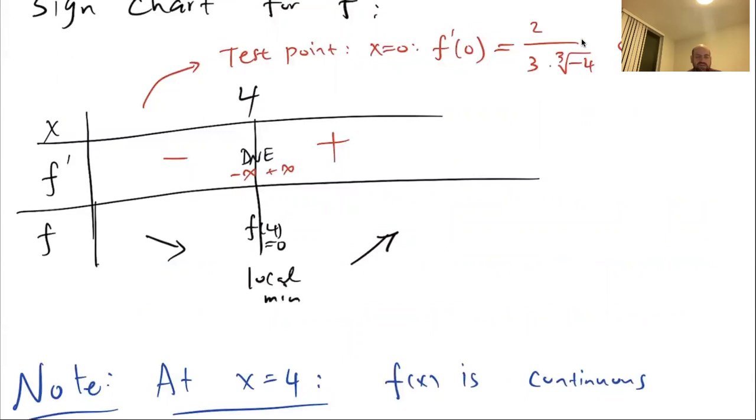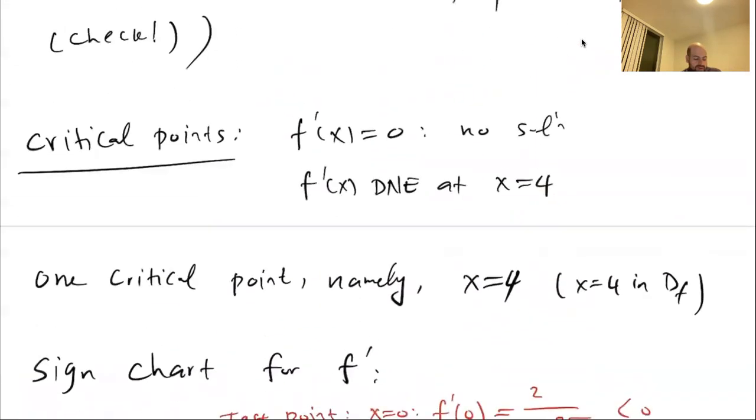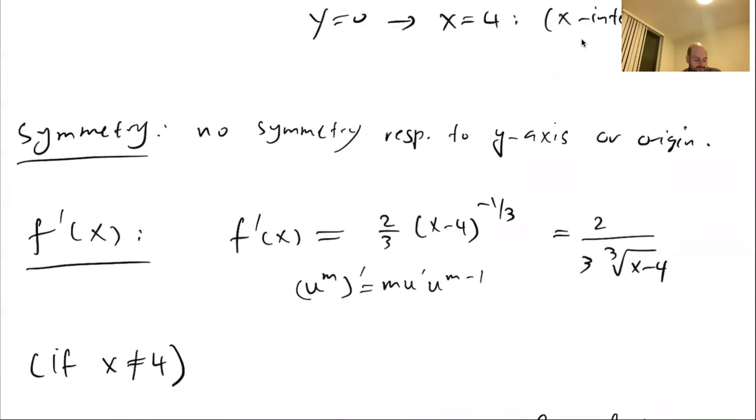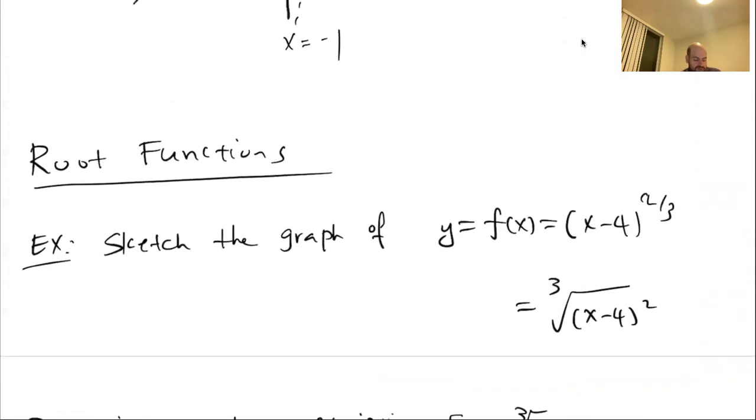But please remember that to sketch the graph, in addition to the x value of a local minimum or maximum, we also need the y value. How can we find the y value? Just plug the x value into the original function f. The original function f is this. If I replace x with 4, I'll get 0.